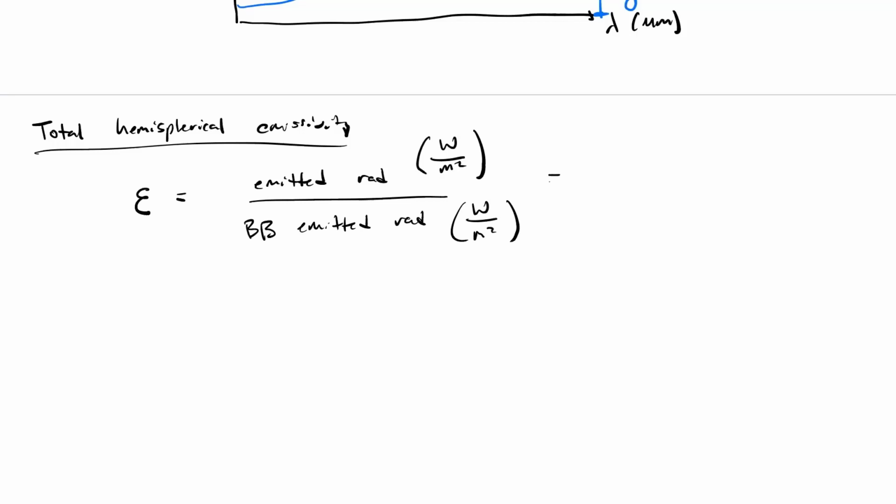So this is going to be equal to capital E, our total emitted power, divided by E sub B, which again is something we've seen before. So this is just our integral from 0 to infinity of E lambda d lambda over sigma T to the 4. So there's our total hemispherical emissivity.